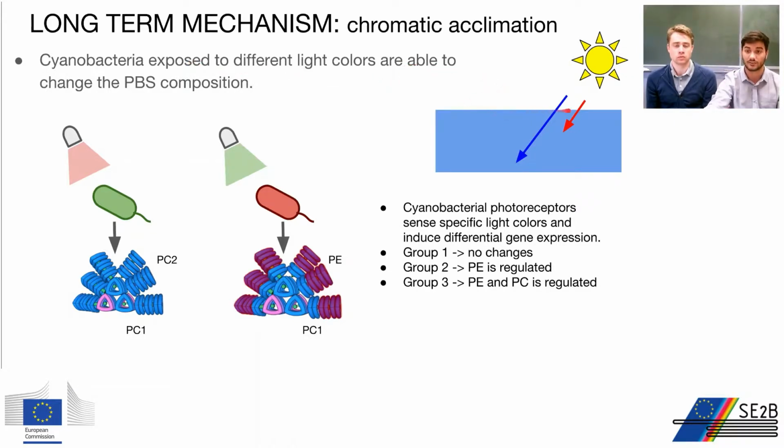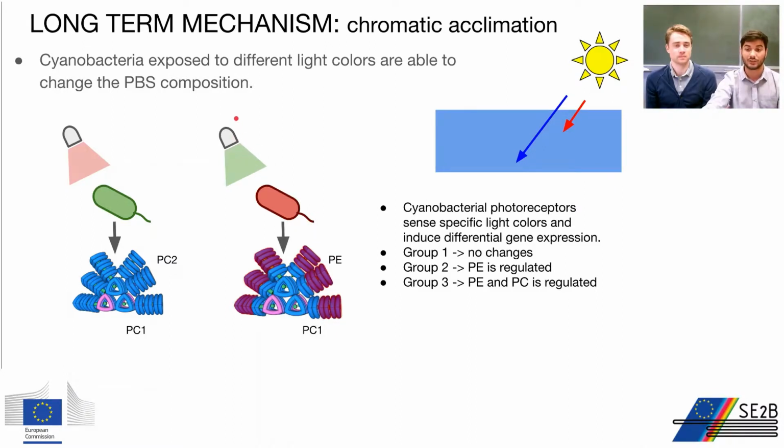On the surface, red light is more present, and deeper in the water, blue light or green light is more present. These changes are triggered by photoreceptors that sense specific colors and induce differential gene expression. The changes in the phycobilisomes are in the phycocyanin that is absorbing red light or in the phycoerythrin that is absorbing green light.